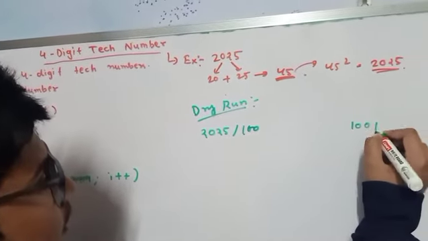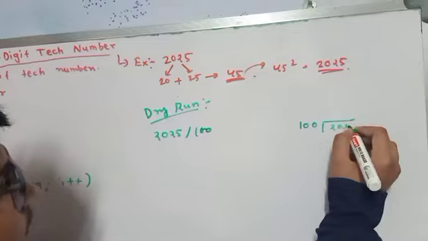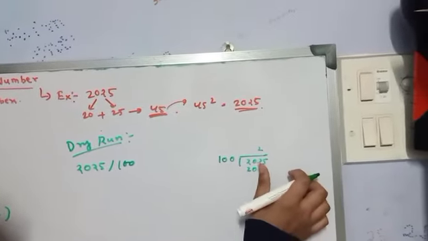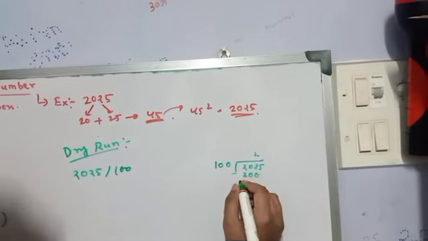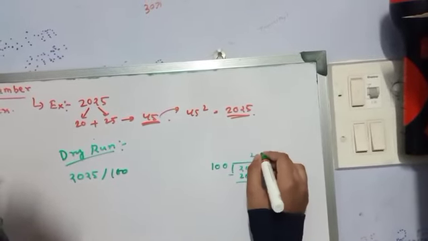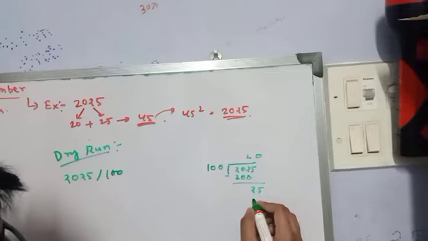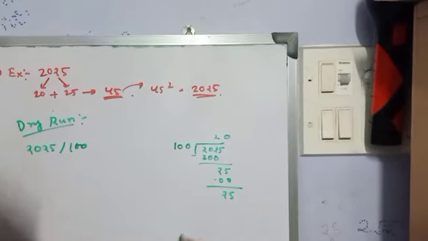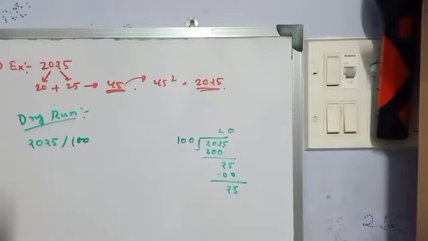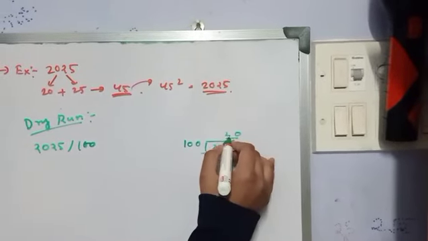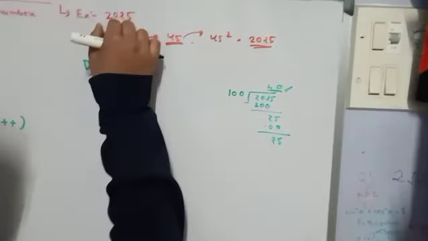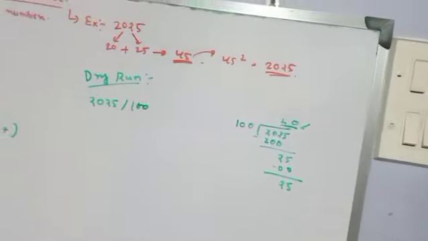So you check. If you perform this division, you will get the answer 20. And what is 20? 20 is your first 2 digits.